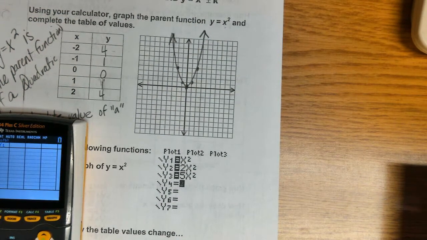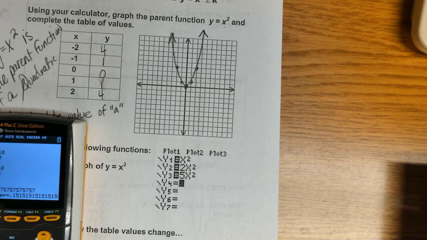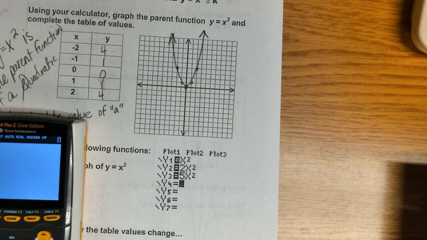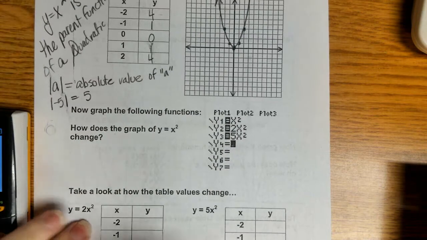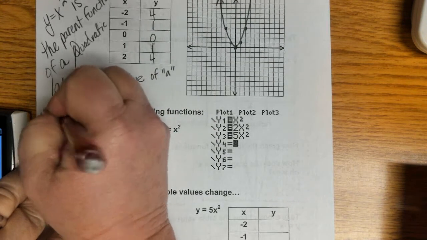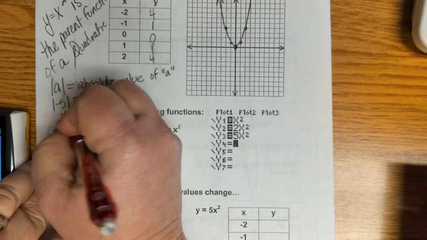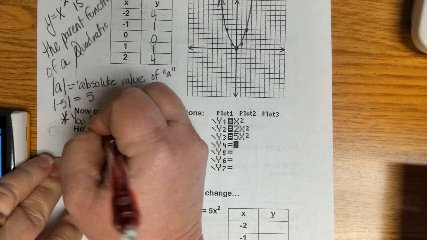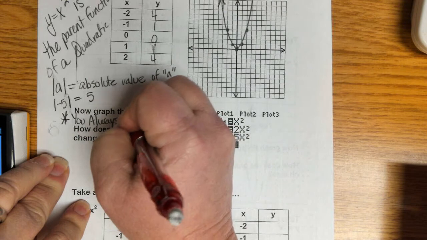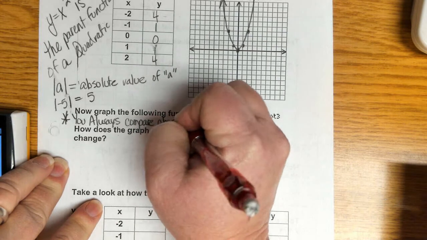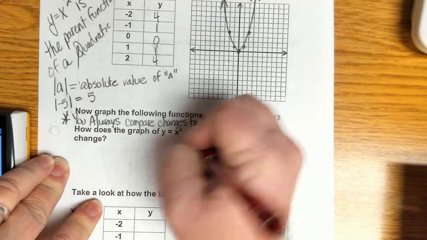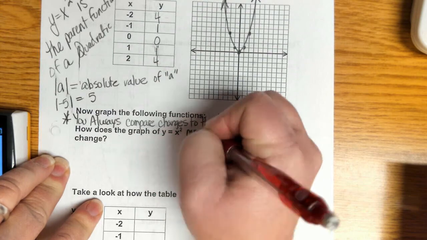Now, it will look a little bit wider or skinnier depending on what you have your windows set at. Hopefully they're on default right now because that's what we want. Now graph the following functions. One thing you need to know is you always compare changes to the parent function.